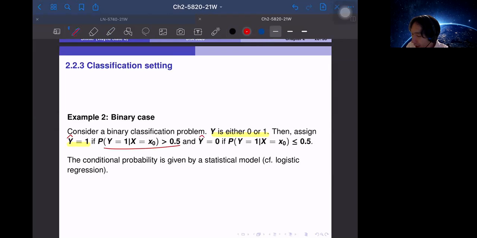And we regard Y hat as 0 if the probability of 1 is less than or equal to 0.5. Maybe you can include the equality on either side, that is just your preference. But 50% is the usual threshold if we use the Bayes classifier.